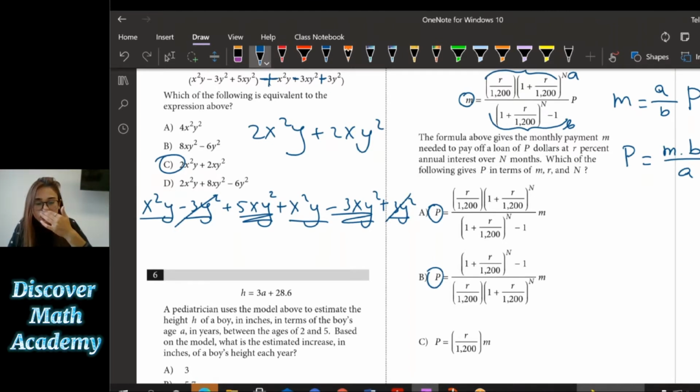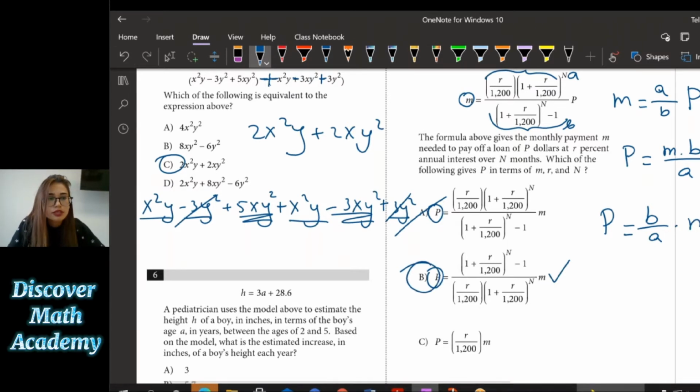Now A is not correct. Yes, B is correct. B out of A multiplied by M. B is 1 plus R out of 1,200 to the power of N minus 1, and A is this one multiplied by M. That's why the answer is gonna be B.